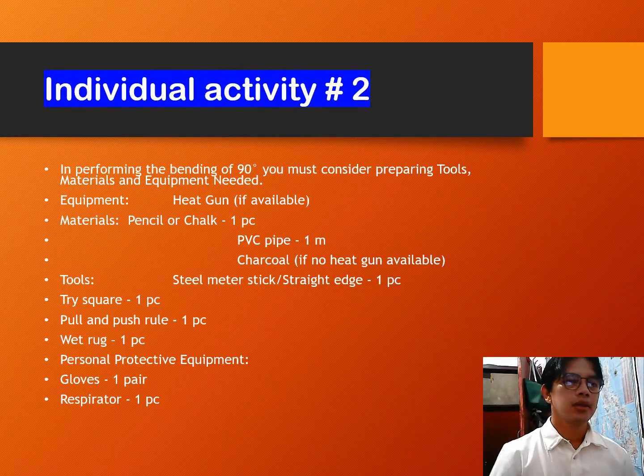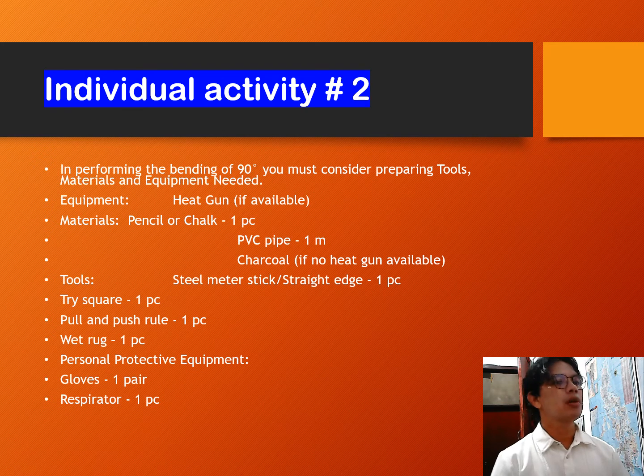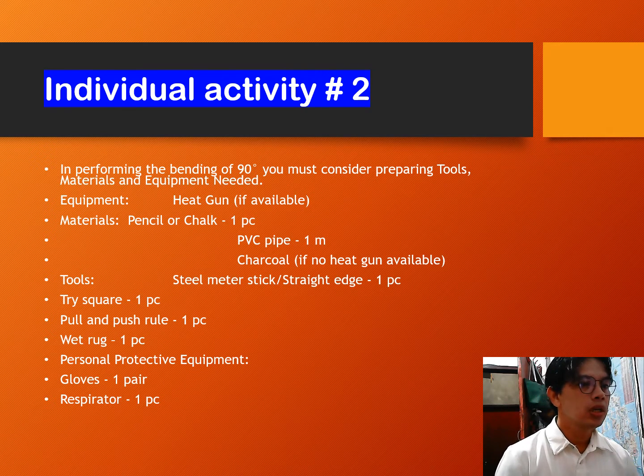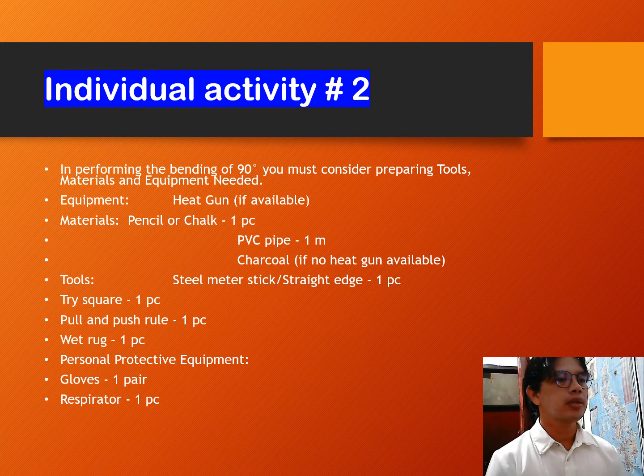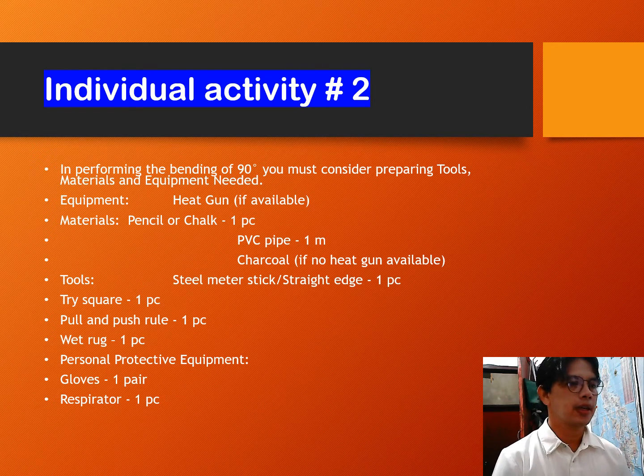Now, this would be your individual activity number 2, and you can perform this for 40 minutes. In performing the bending of 90 degrees, you must consider preparing the tools, materials, and equipment needed.